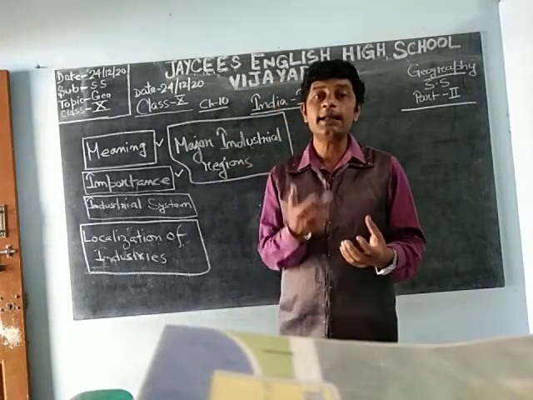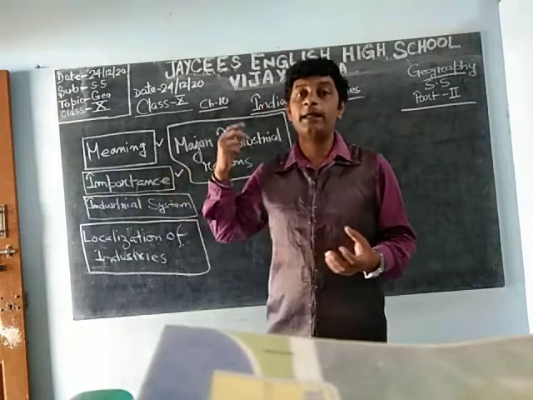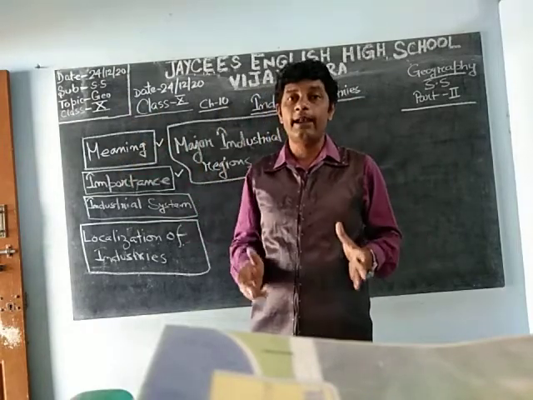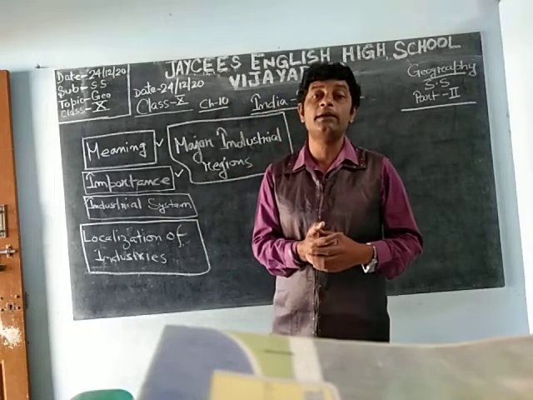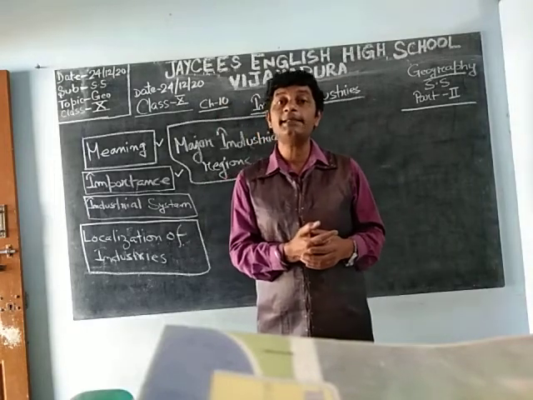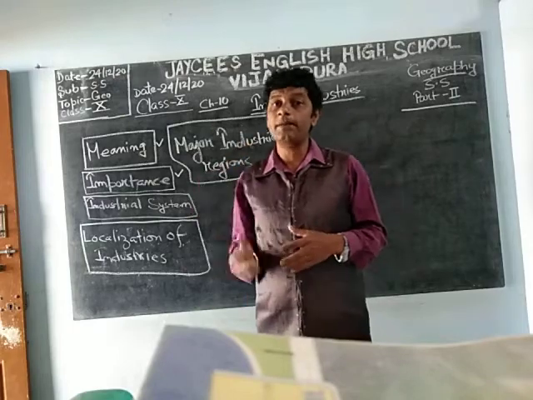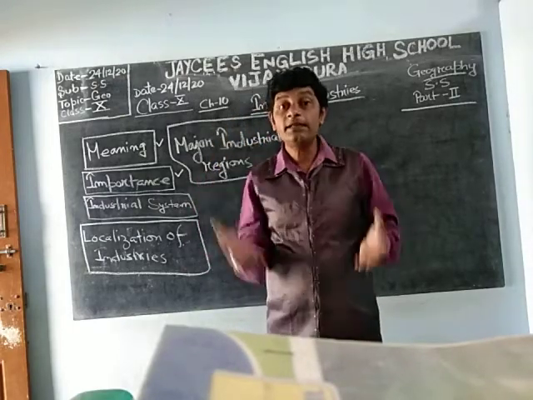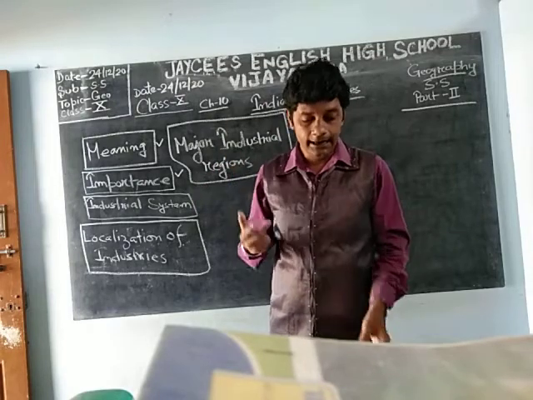We can't get steel in the mining. In the mining we will get only the raw material, iron ore, but that raw material we use to get the finished product, steel.